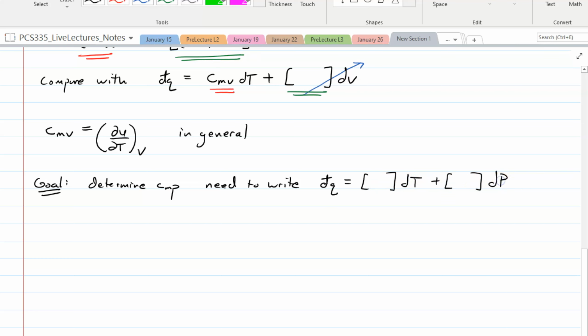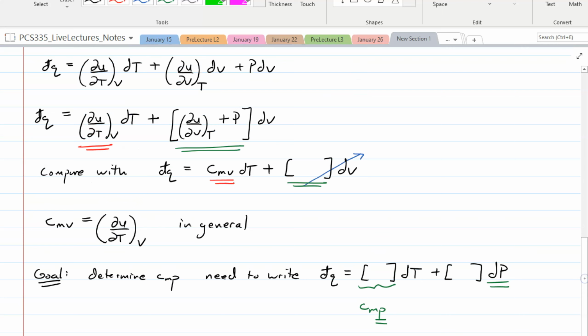That means that if I add the heat with constant pressure, whatever goes here will be CMP. In other words, this variable here has to match this variable here. So that's what I'm after. I need to write an equation that looks like that.